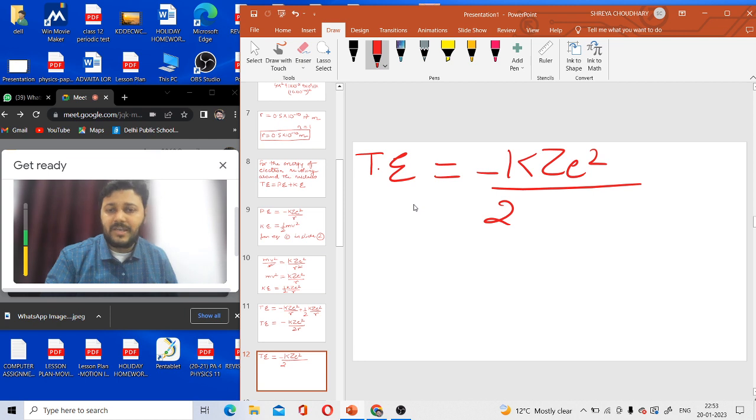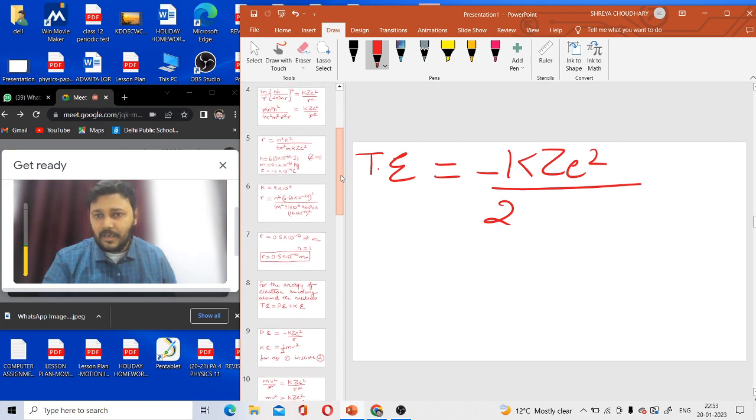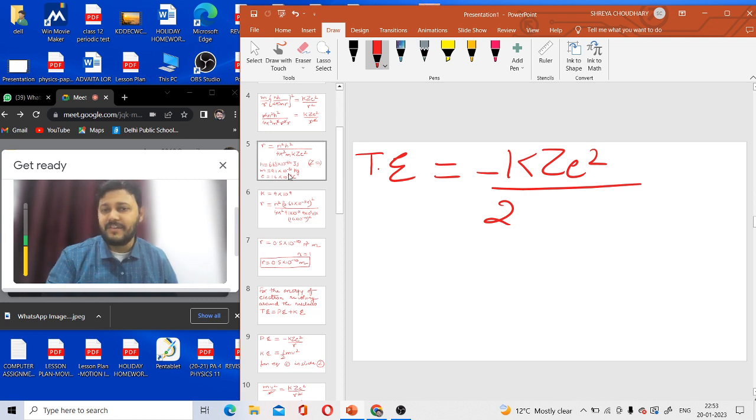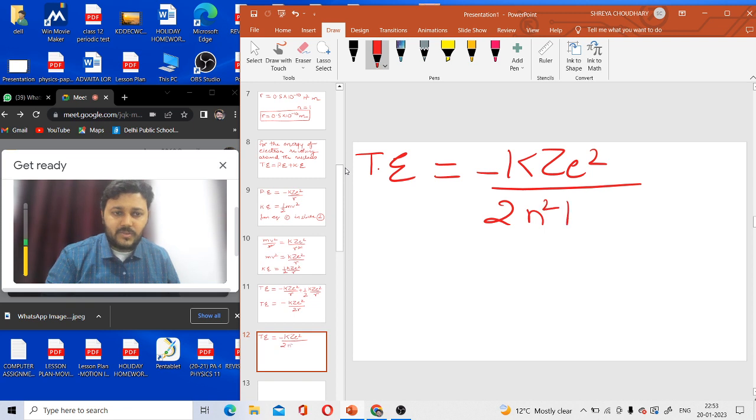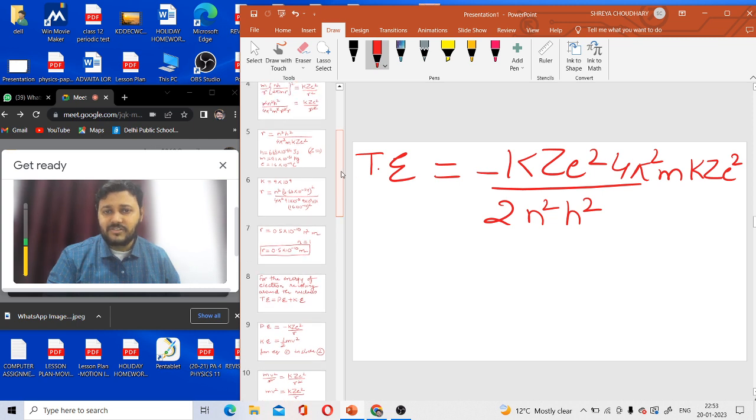In place of r, we put the expression for r that we figured out in slide number 5: n²h² upon 4π²mkZe². Okay, this is the value of r. Let us just tally it.